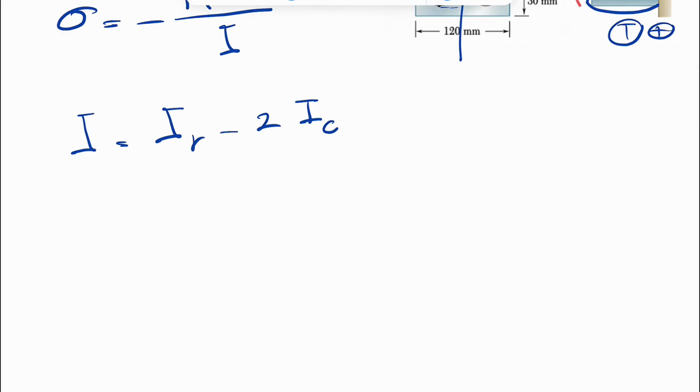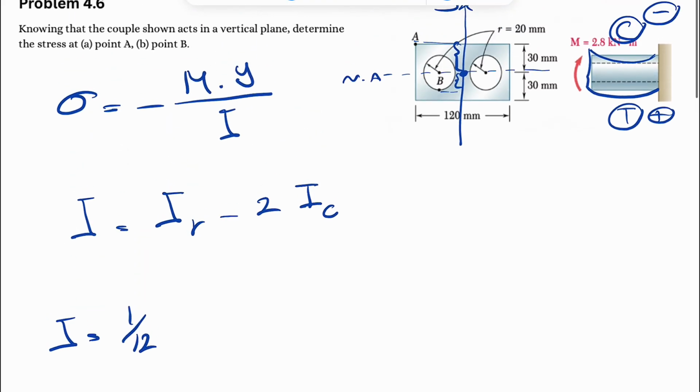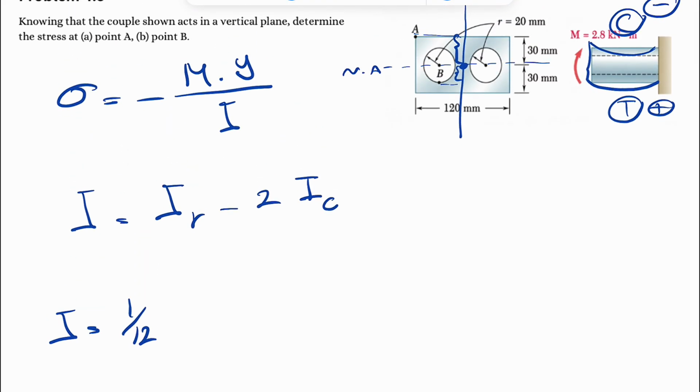So let's see what we have for IR. As we talked about, it's going to be 1/12 of the base of that rectangle, which is 120, times the height cubed. So for the rectangle we have 1/12 b h cubed, and for the circle we have pi divided by 4 r to the 4.